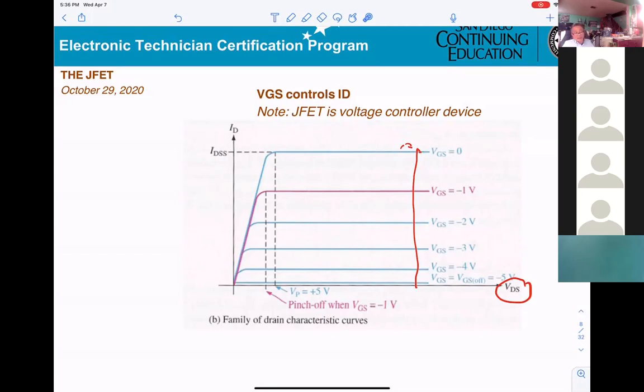The bipolar NPN transistor is a current controlled device. In the bipolar, IC equals beta times IB. When you change IB, you change the current IC, so it is controlled by current. For the JFET, you change VGS, which changes the current ID and also VDS, so it is called a voltage controlled device.